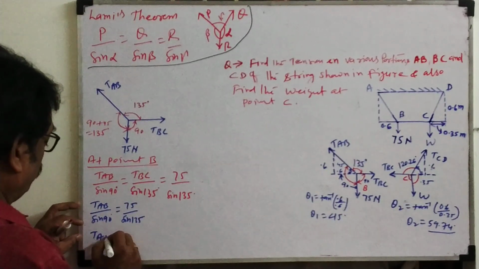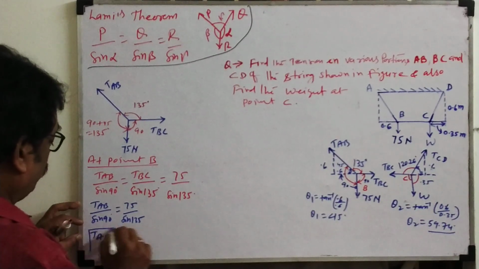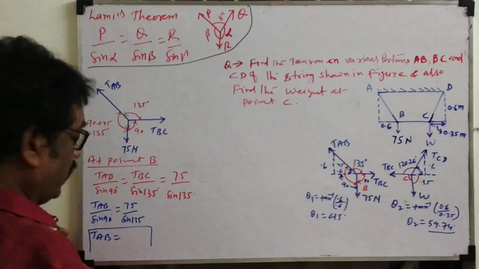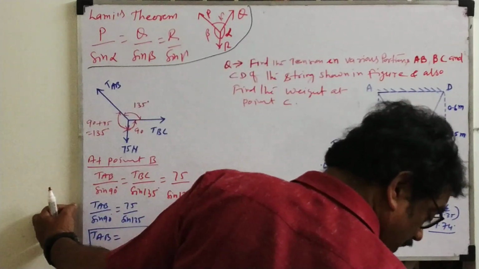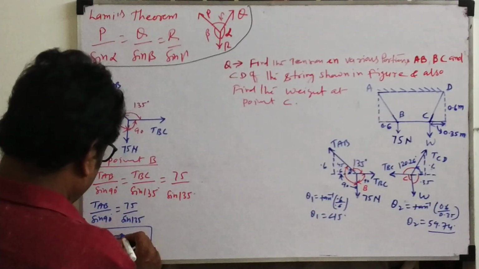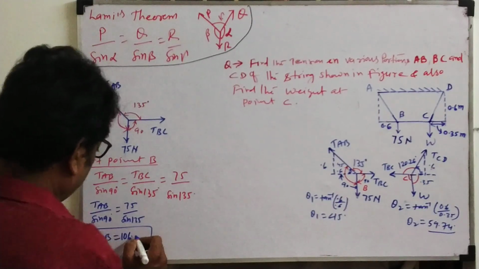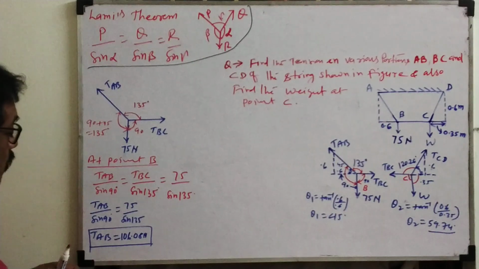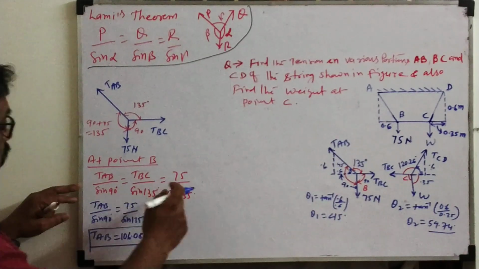So TAB you will get directly. TAB is equal to sin 90 into 75 divided by sin 135. So the TAB value you get is 106.08 Newton. So I know TAB. Now take 2 and 3.